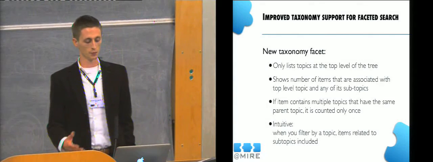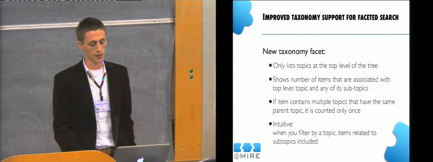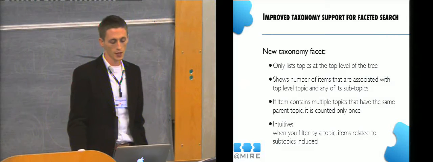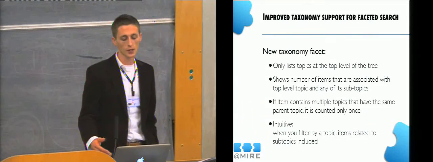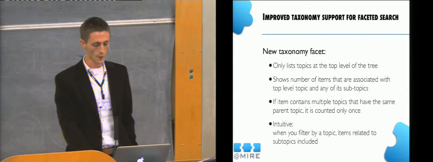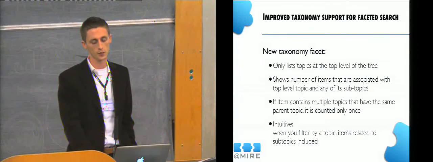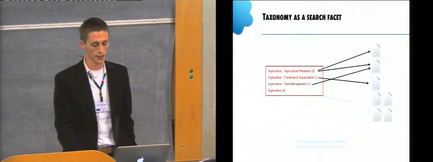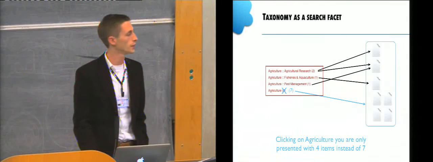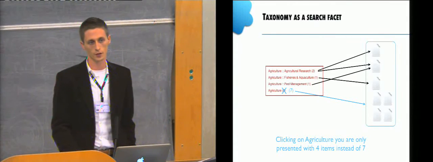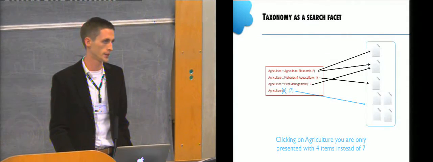If the item contains multiple topics, as you've seen in the example, it will be only counted once. And it's much more intuitive, because when you click on a certain topic and filter by it, items related to that subtopic are in fact included. And the situation changes to where when you would click on agriculture in this scenario, you would see all 7 items.